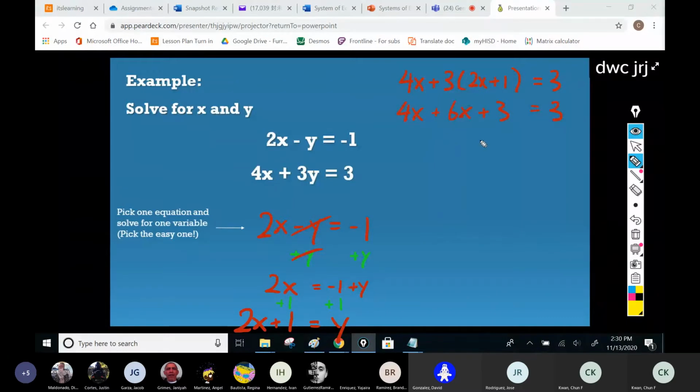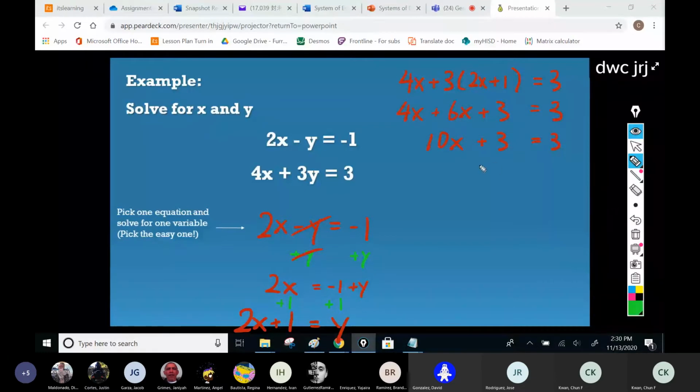And then we'll combine like terms. So the 4x right here and the 6x right here, combine them. You have to add them together. So that means you'll have 10x plus 3 equals 3. And then we are trying to solve for x, right?